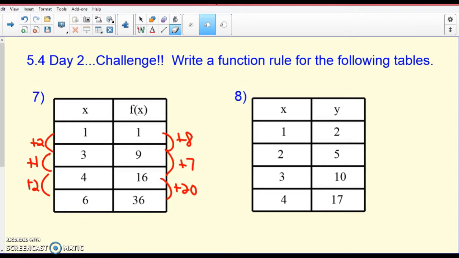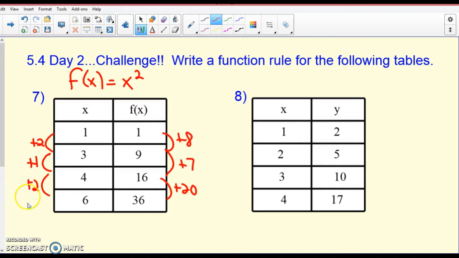What are you doing from 4 to get to 16? Squaring it. What are we doing from 6 to get to 36? Squaring it. So, what is my function? F of x equals what? X squared.